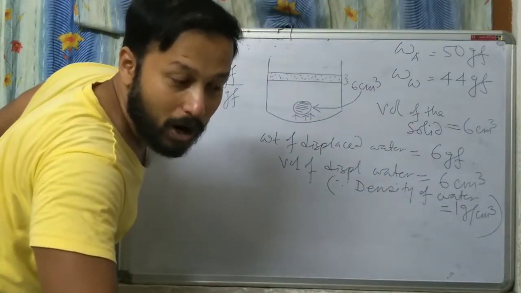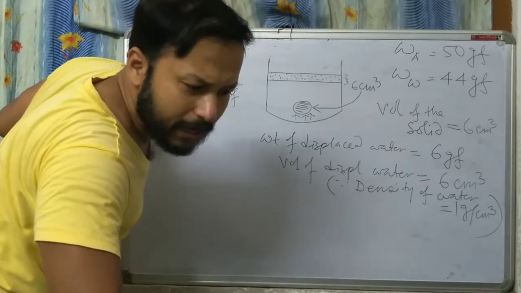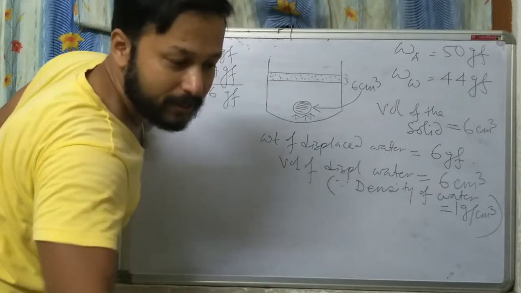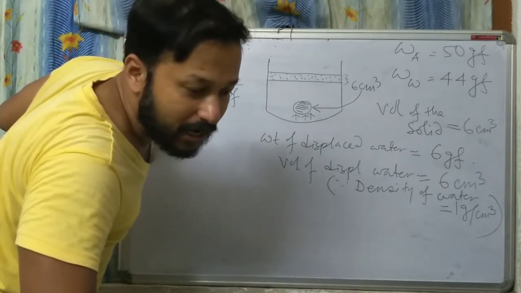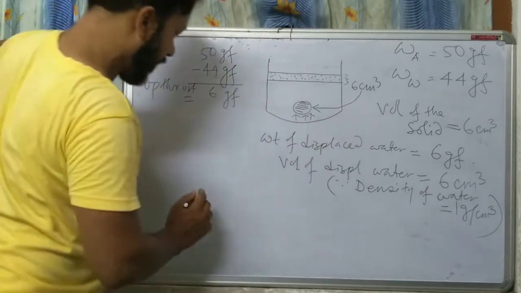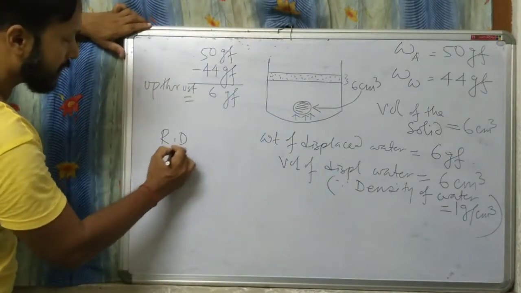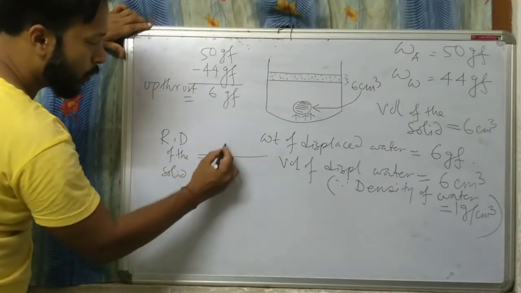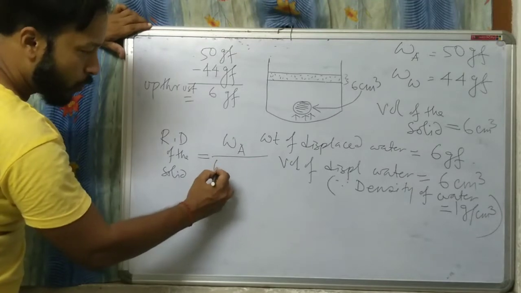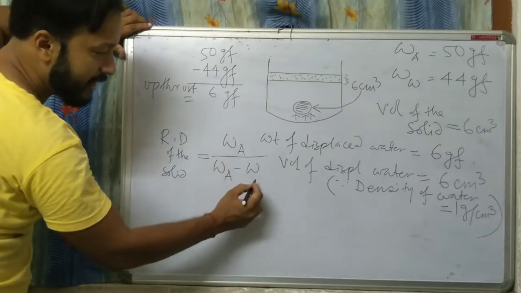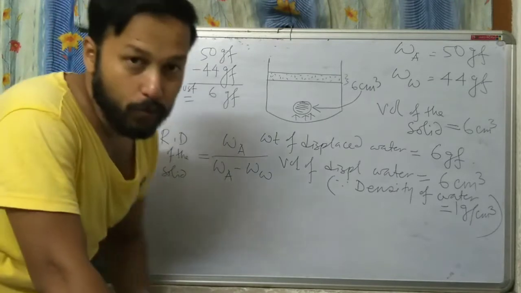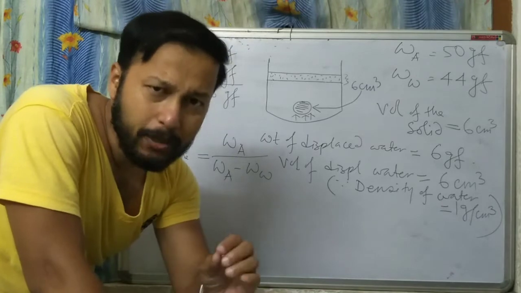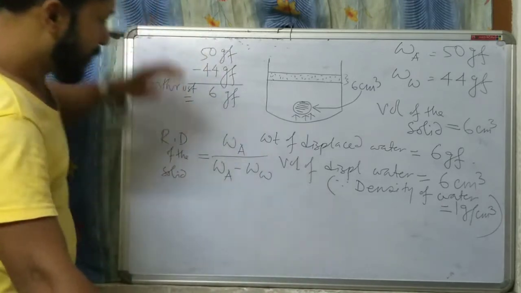Now, what is the third part of this question? The relative density of the solid. You know the formula, the second sum we have done today. Relative density of the solid equals weight in air by weight in air minus weight in water. The simple formula we have already discussed.